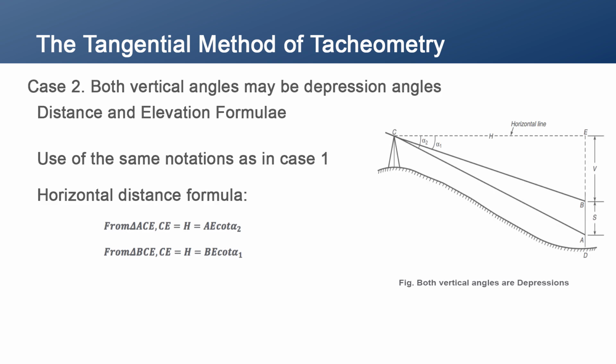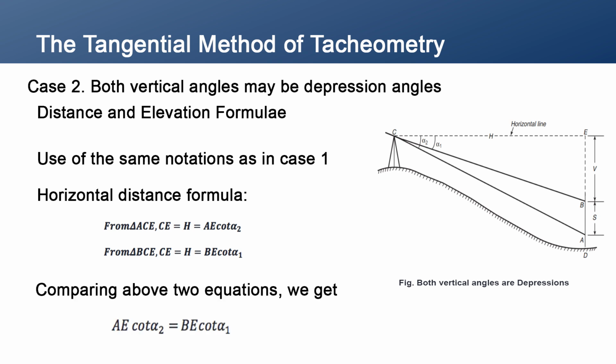So, from triangle ACE, we get CE, which is also called H, is equal to AE cot alpha 2. And from triangle BCE, we get CE, which is also called H, is equal to BE cot alpha 1. Now, comparing both the equations, we get AE cot alpha 2 is equal to BE cot alpha 1.